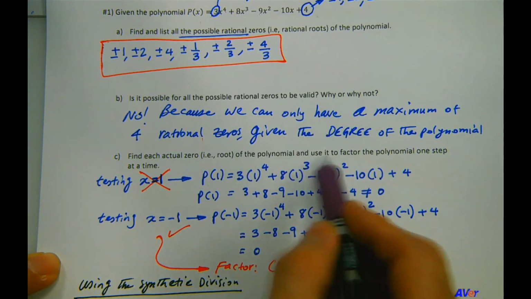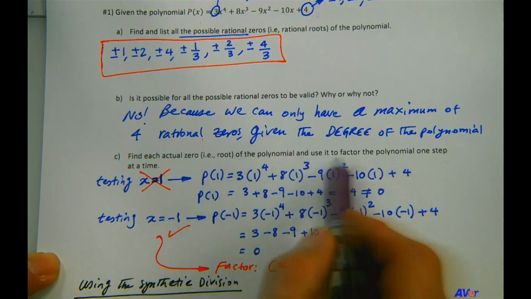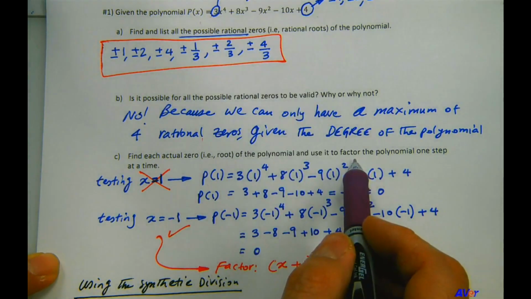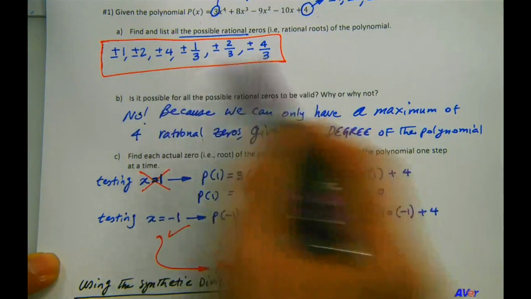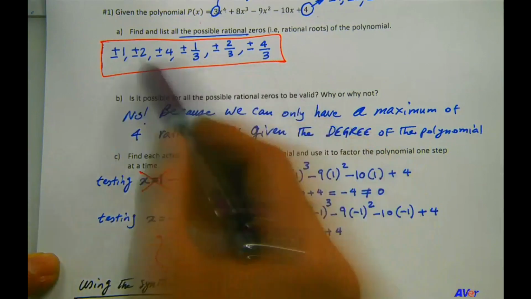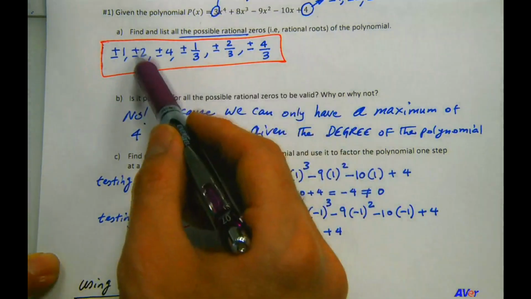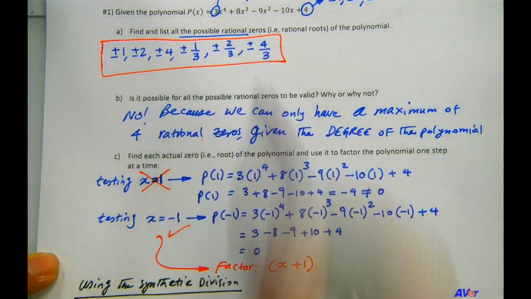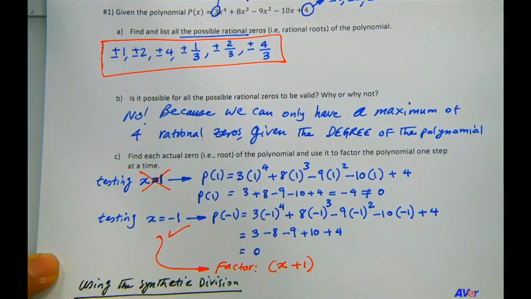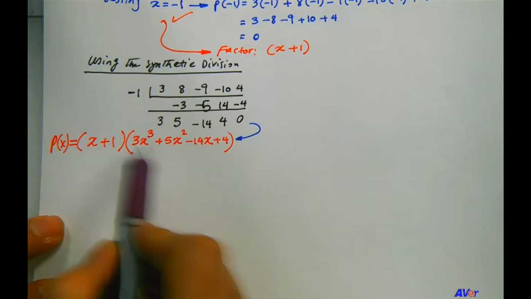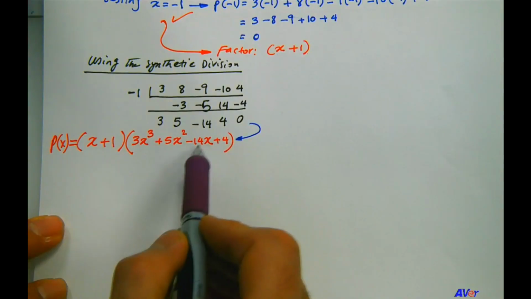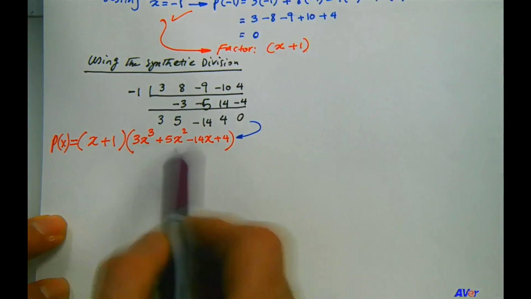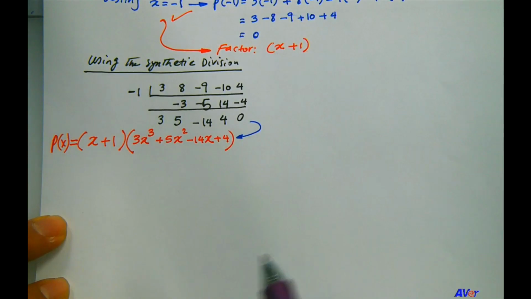Now to find the other factors of the polynomial, we can try any of the other ones that we haven't yet tried. That is plus or minus 2, plus or minus 4, plus or minus 1/3, plus or minus 2/3, plus or minus 4/3. If you try these in this polynomial, you should get a 0 for whichever one is a 0 of the original polynomial.